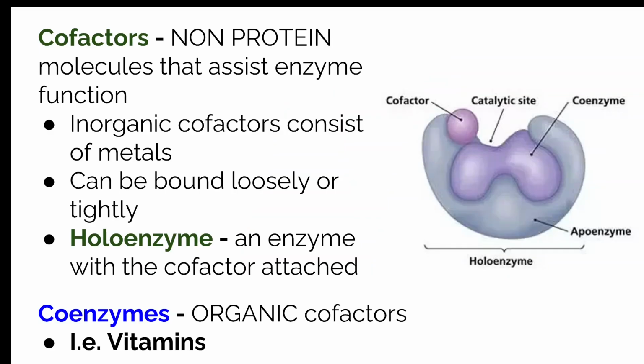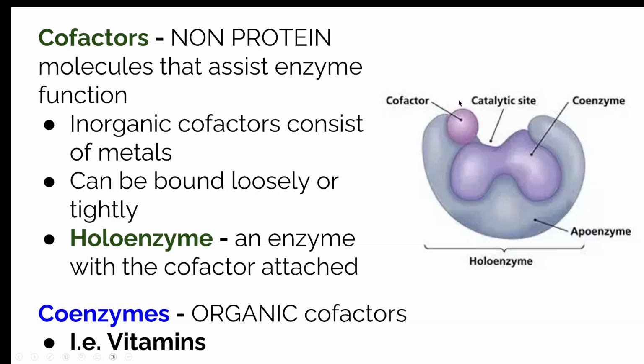One other thing we want to talk about with enzymes is sometimes they have these things that they attach themselves to help themselves function. And these things are called cofactors. Cofactors are not protein. They are not made out of proteins. They will assist with the enzyme function. They are usually made of something that's inorganic, so nothing carbon based.